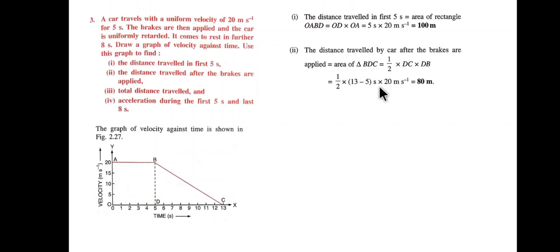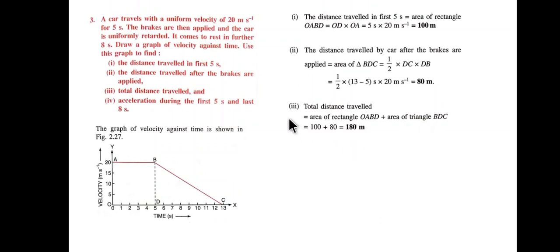On further simplification, it gives us the answer 80 meters. So this is the distance traveled by the car after the brakes are applied. Thirdly, we have to find the total distance traveled. The total distance traveled is equal to the area of rectangle OABD plus the area of triangle BDC.